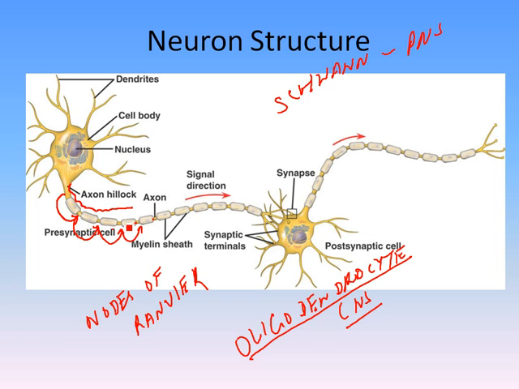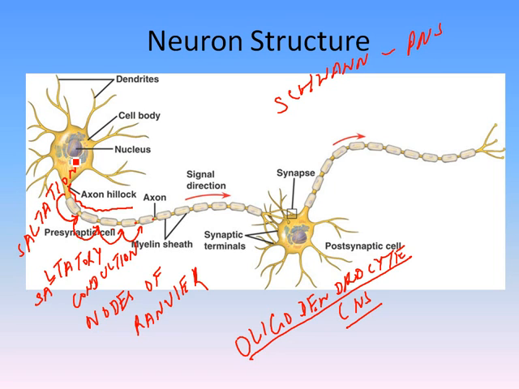This sort of propagation is faster and is called saltatory conduction, or saltation. Thus, myelination allows an increase in impulse speed without an increase in axon diameter.